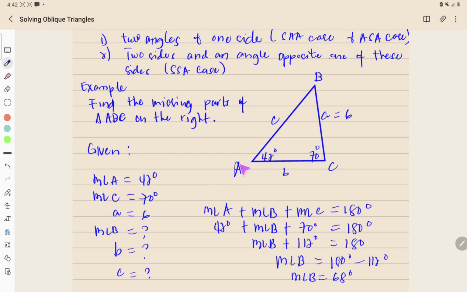We found out that the measure of angle A is 42 degrees, the measure of angle C is 70 degrees, and the measure of side a is 6. We need to find the measure of angle B, side b, and side c.